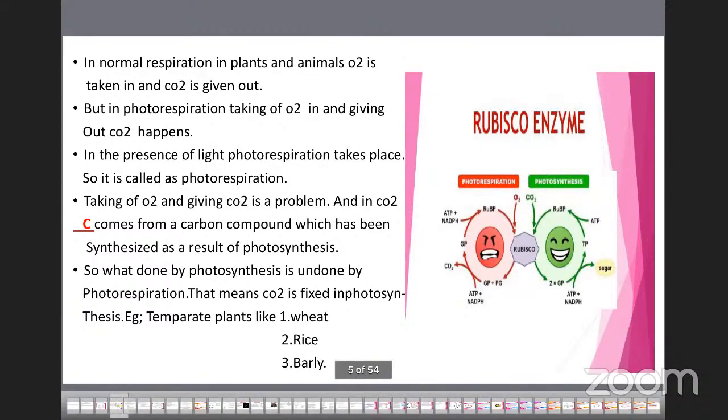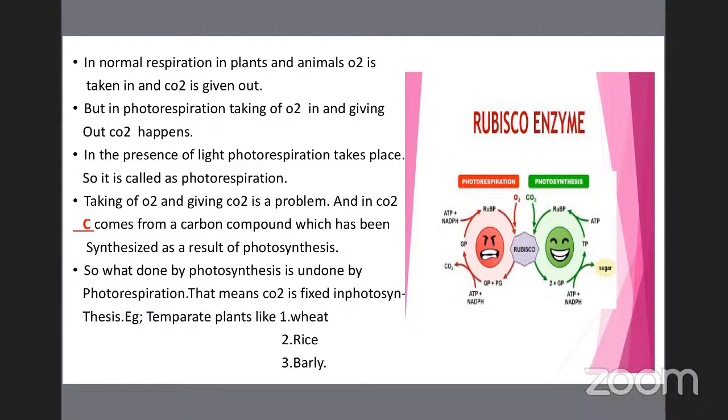In normal respiration, that means in plants and animals, usually respiration means taking oxygen in and sending carbon dioxide out. It is defined as respiration. But in photorespiration, what is happening?